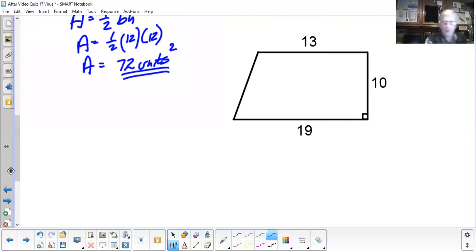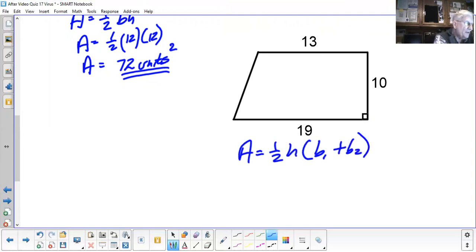All right, now you'll notice this figure down here is a little different. It is a trapezoid, all right? However, one of its non-parallel sides happens to be the height. You can see that it's perpendicular. The side, which is 10, is perpendicular to the bottom, so it's got to be perpendicular to the top as well. So to obtain the area of this, it'll still be A equals 1/2 the height multiplied by the sum of the bases.